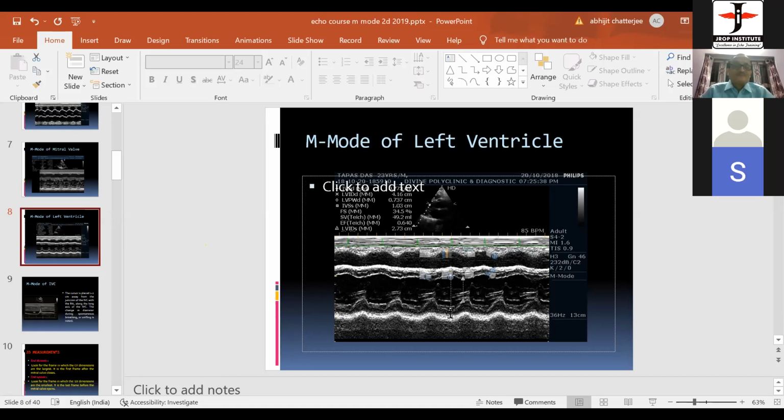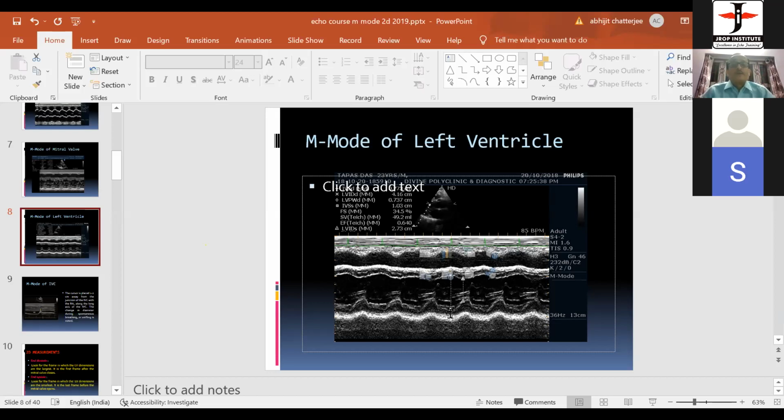Yes, sir. And one more, for the modified Simpson's method. During the tracing, do we include the trabeculations or exclude them? Remember that the trabeculations and the papillary muscles are part of the blood and not of the wall.